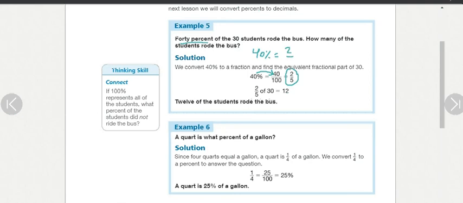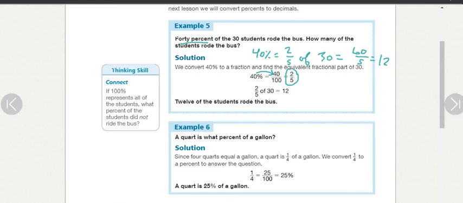That's 2/5 of 30, which means times 30. So you get 60 over 5. And how do we solve that? How do we get that down so it's a 1 on the bottom? We divide. 60 divided by 5 is 12 students.